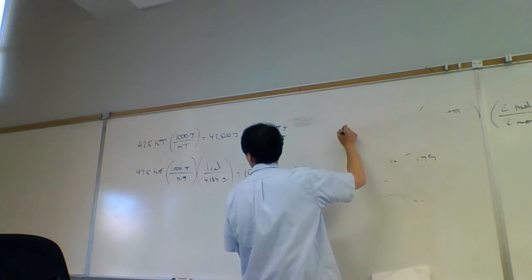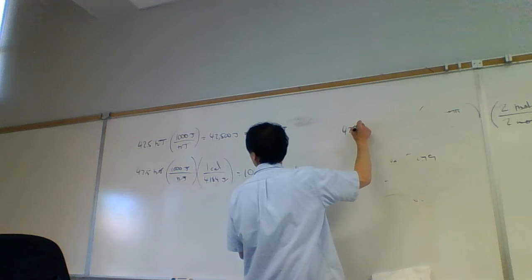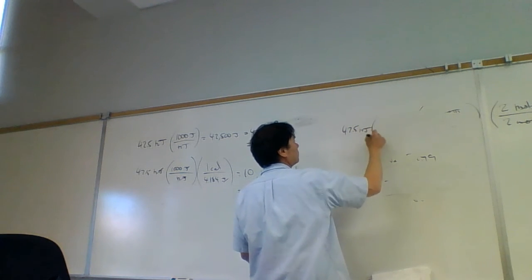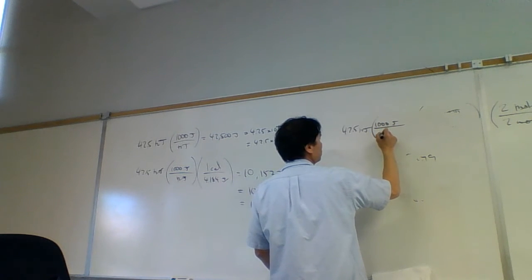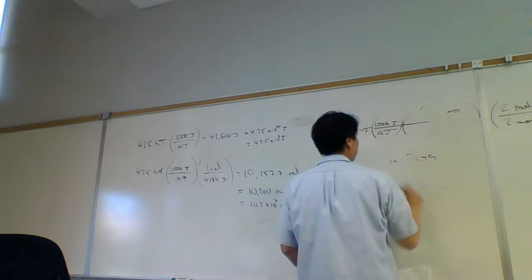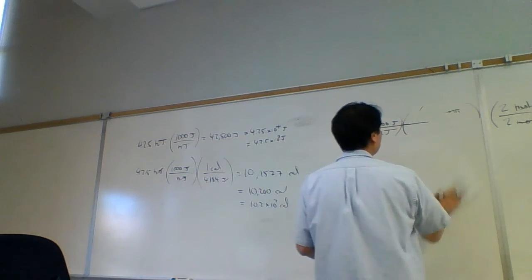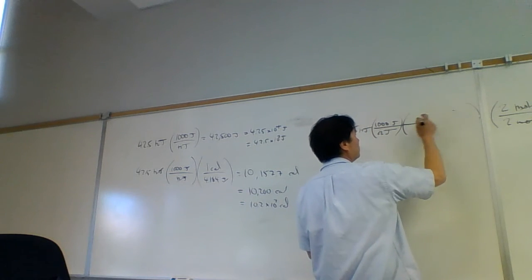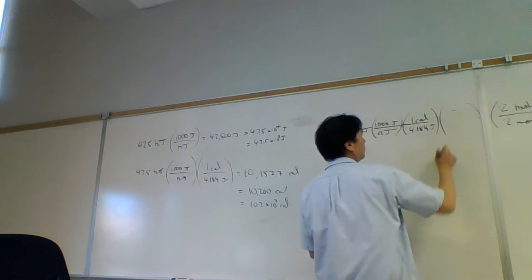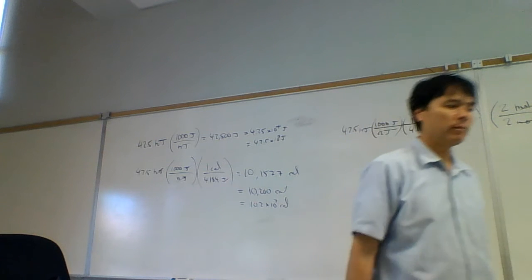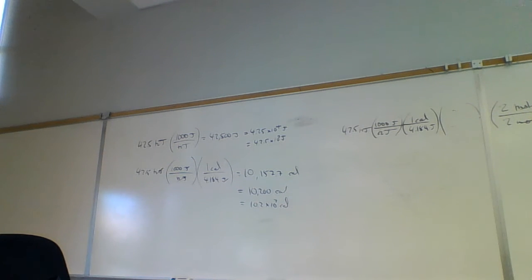Setting it up as another problem, I'd take 42.5 kilojoules and convert it into joules. The reason I do this is that I don't want to get confused with the units. I just want to remember that 1 calorie is 4.184 joules. I don't want to remember kilojoules or kilocalories or whatever else, or millijoules.